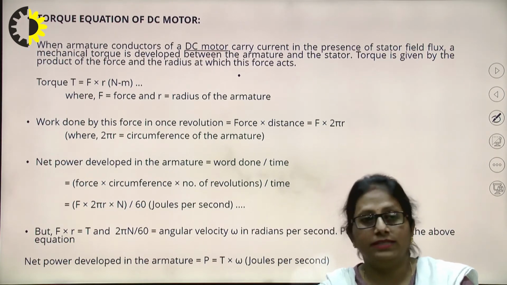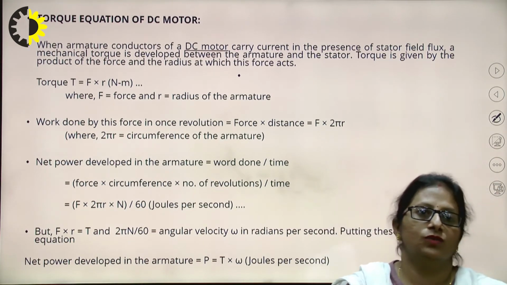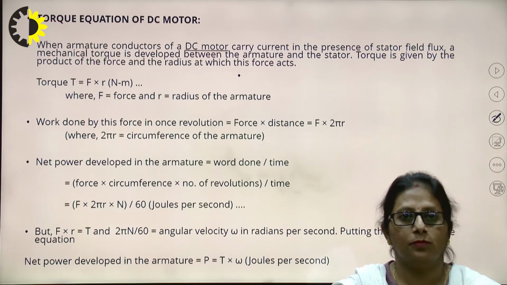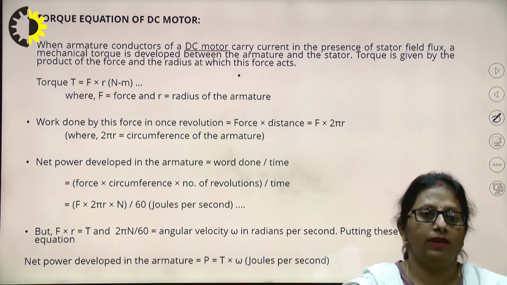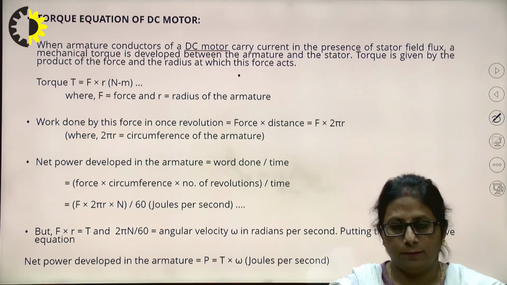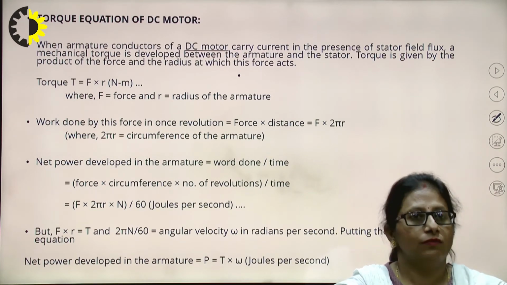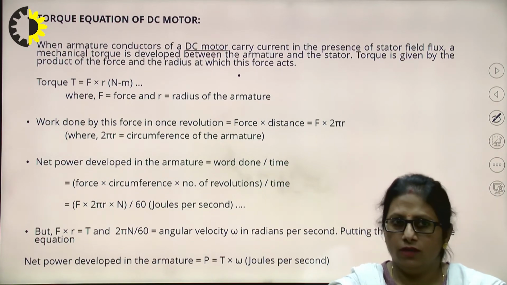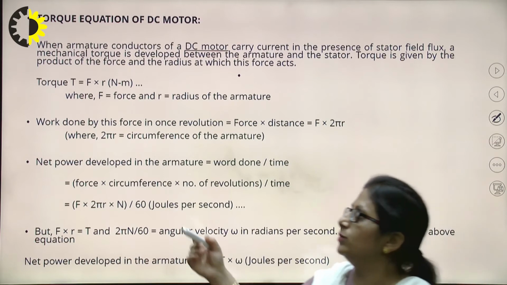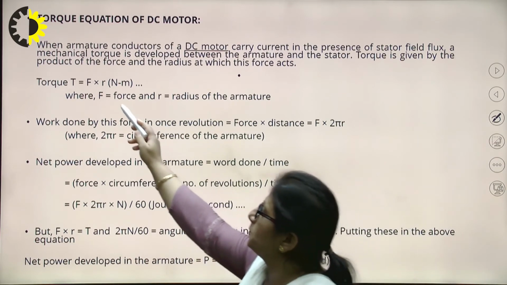If we just see, when the armature conductors of a DC motor carry current in the presence of a stator field flux, a mechanical torque is developed between the armature and the stator. The torque is given by the product of the force and the radius at which this force acts. Obviously, the torque is force into the radius of the armature, right?